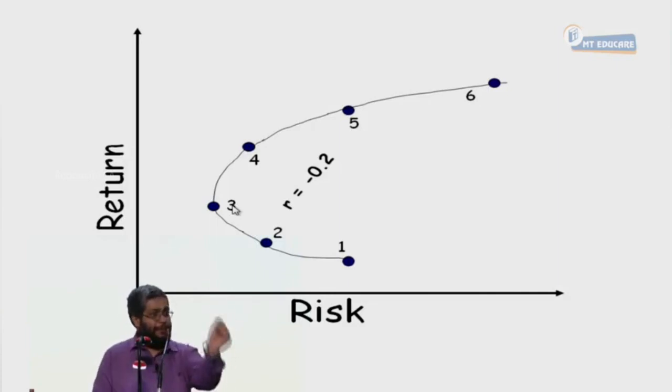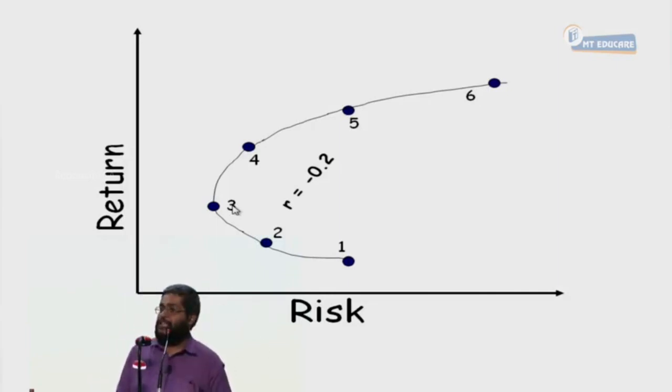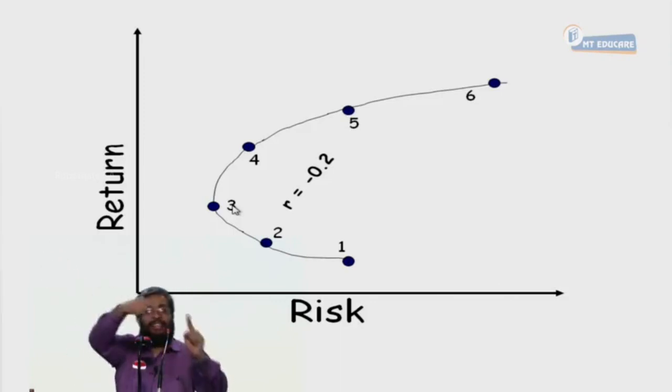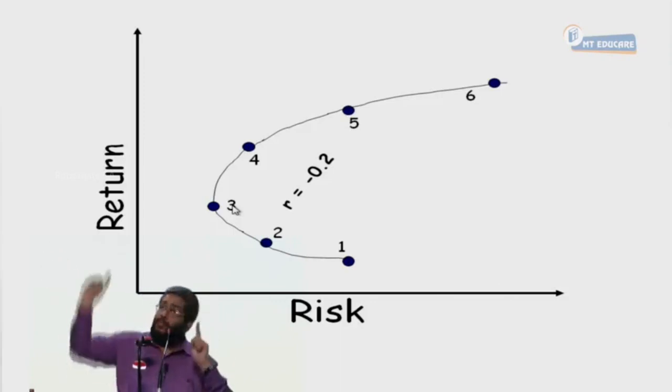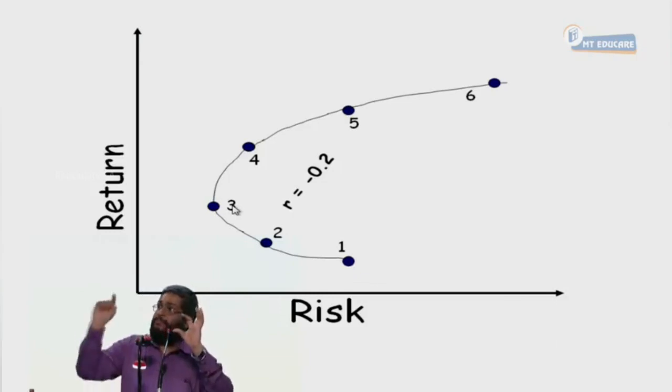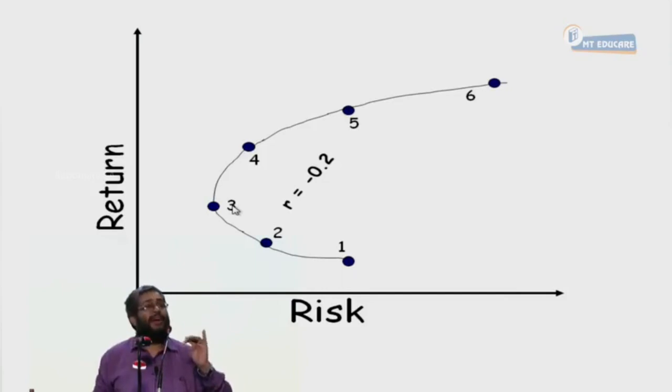Very simple. A portfolio is efficient if there is no other portfolio which is going to give me more return for the same risk, more return for a lower risk, or the same return for a lower risk. Yes or no? For example, there's a portfolio A. If B gives more return for a lower risk, then A is inferior.